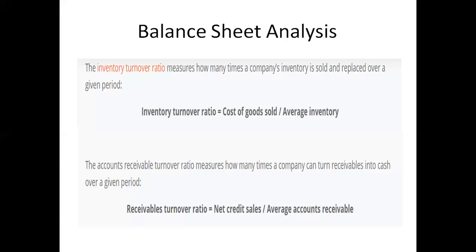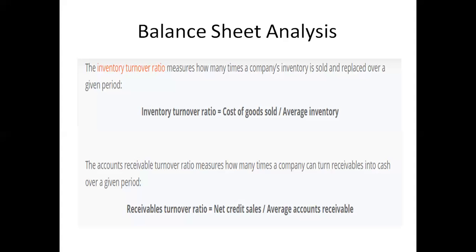However, if it is less than 1, then you are in trouble, because your credit sales are less and your debtors are outstanding more. If it is greater than 1, that means your average accounts receivable is very low and your credit sales is good.